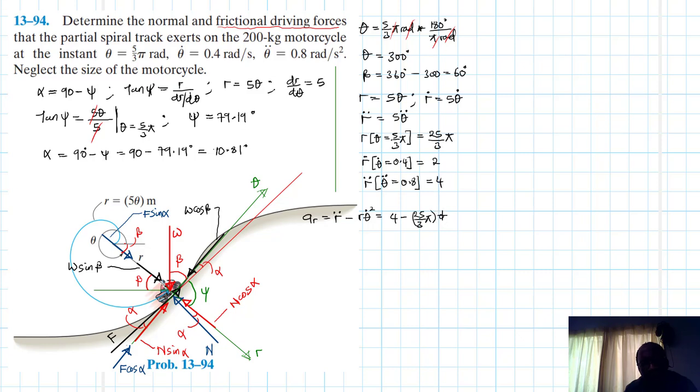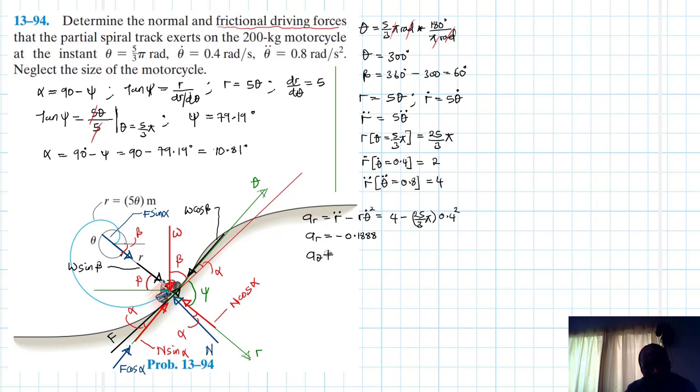Theta dot is 0.4 squared. Therefore, our a_r is going to be equal to 4 minus 25 divided by 3 times pi times 0.4 squared. So this gives us a minus 0.1888.